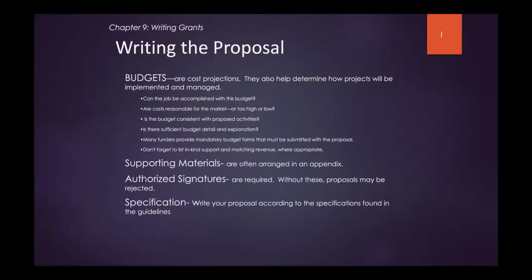But another thing that the applications usually have, because they again have the questions of who will benefit and what is the need that you're trying to fill, they literally will have those questions. So one of the things that you will have is a little table with a budget, and then there will be something that is called the budget narrative, right?